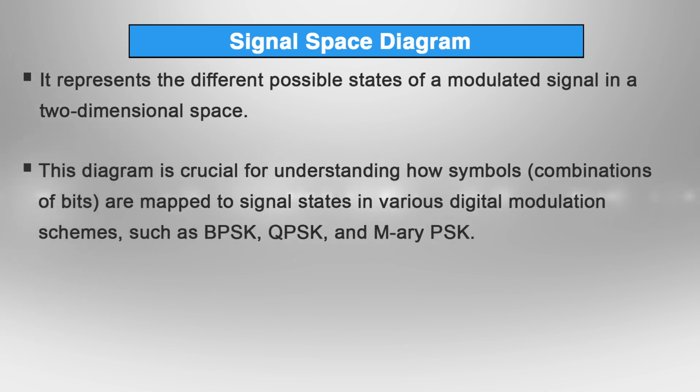It is the graphical representation of modulation technique. This diagram is crucial for understanding how symbols or combinations of bits are mapped to signal states in various digital modulation schemes such as BPSK, QPSK and M-ary PSK.